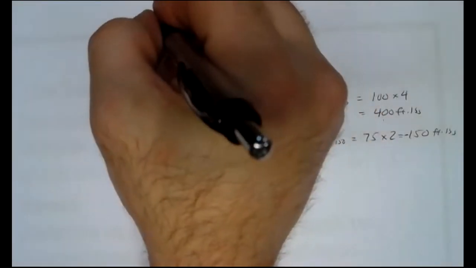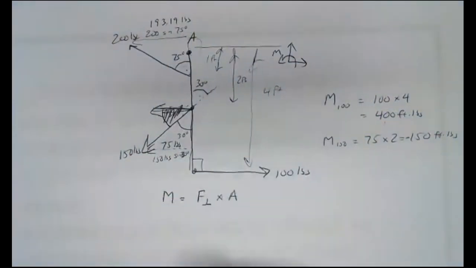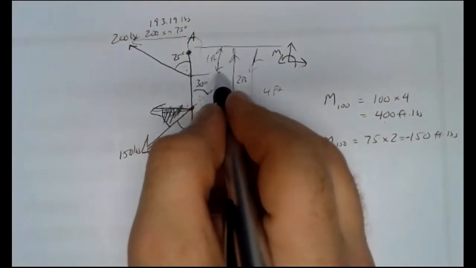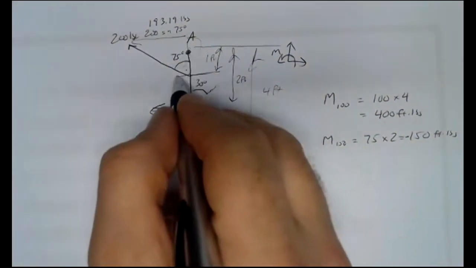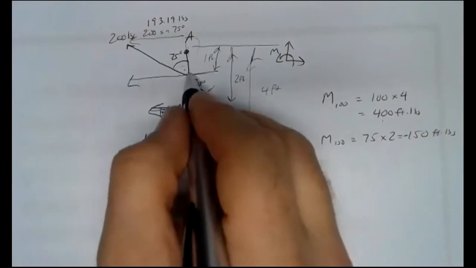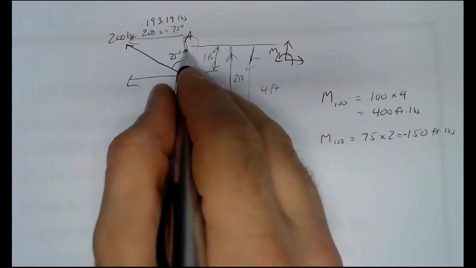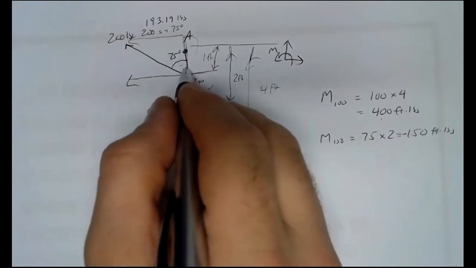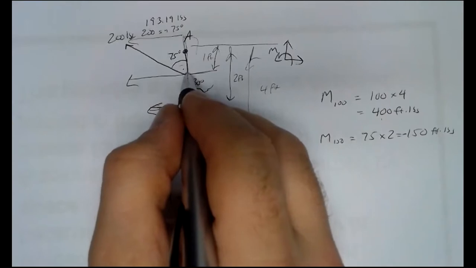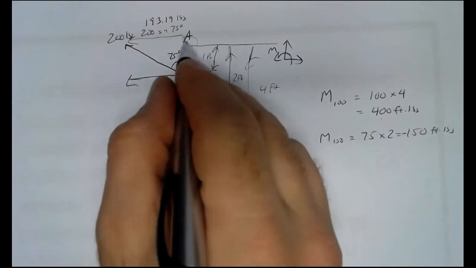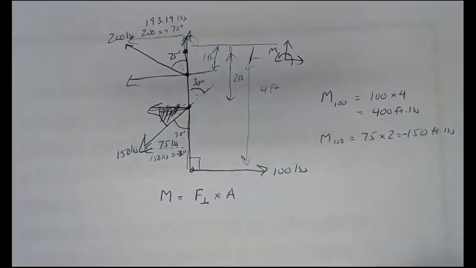So it's 193.19 pounds, and it's 1 foot away from our pivot point. So it's really down here. Even though we visualize it here as the right triangle, all the forces, the perpendicular and parallel components, all attach at the same point. We've got our perpendicular force here, we've got our parallel force there.